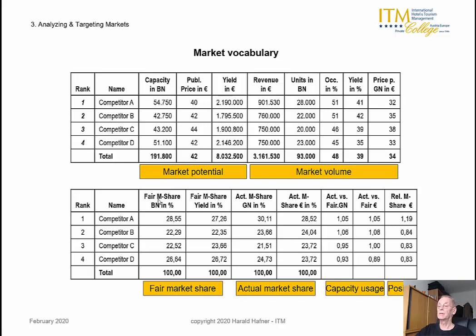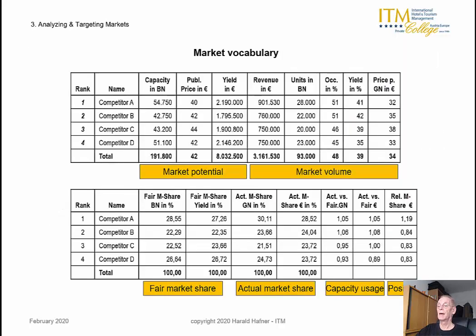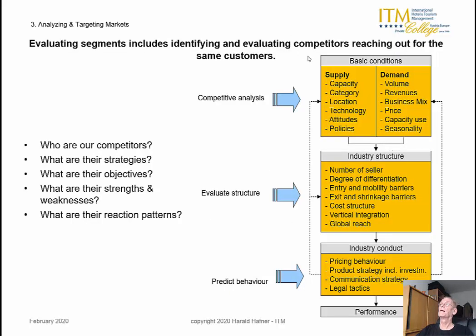As outlined and as described, the indexes that we have seen here are basically the fair market share, the actual market share, the actual versus fair market share as a capacity usage indicator, and the relative market share. Once this information has been obtained through a competitive analysis, we have kind of finished that first part of it.